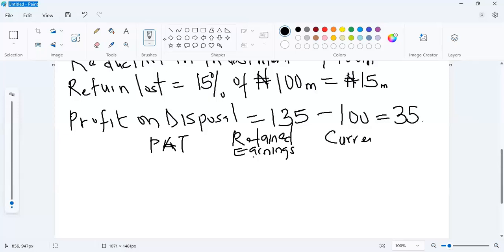Let's take these three. Balance before the proposal: 130 million, 615, 330.